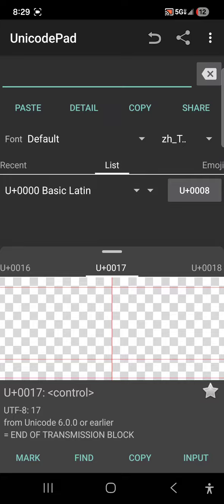It is a special character, a control character only used in Unicode that is intended for Unicode system's use. Basically, when you type it in, it ends the transmission of a block.